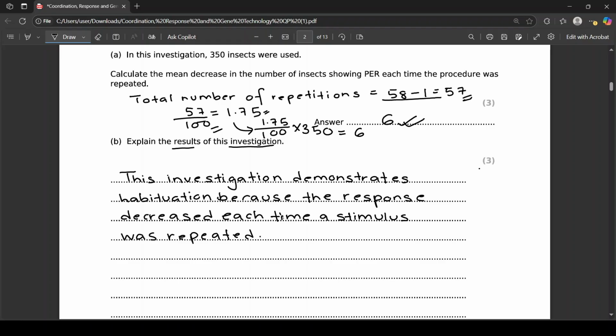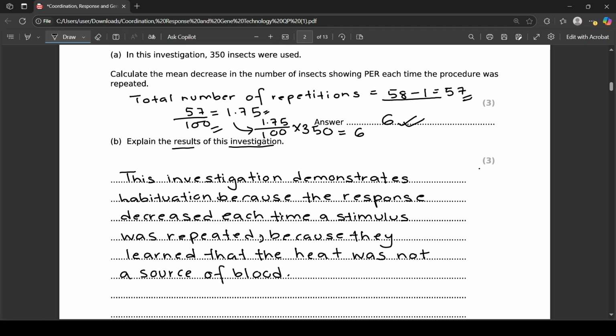And this point would be because they learned that the heat was not a source of blood.